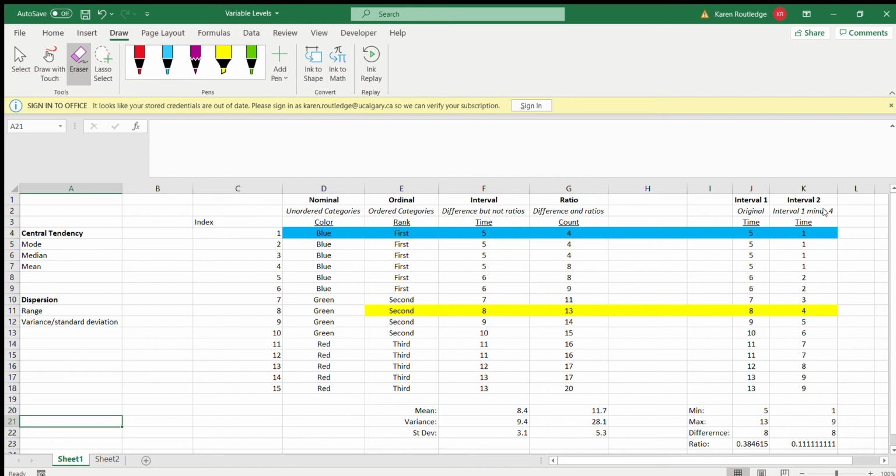And because we cannot arbitrarily subtract or add 4, then we cannot run into this problem. And so we have a ratio level variable. Our ratios will always be constant because we cannot arbitrarily add and subtract like we can with an interval level variable. So those are the 4 categories and kind of how they work.